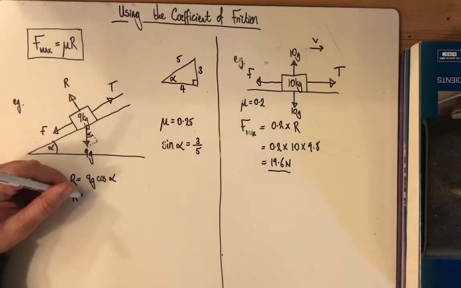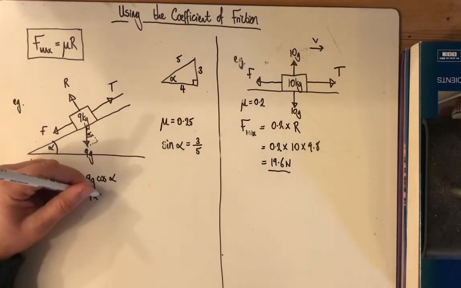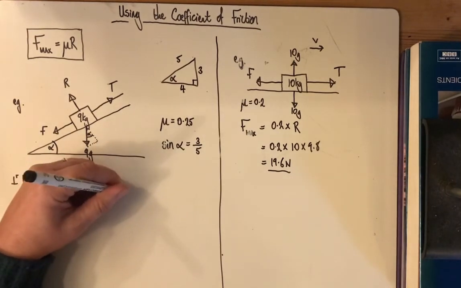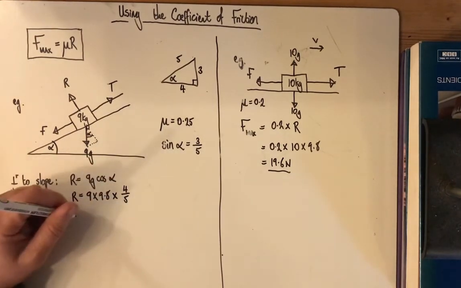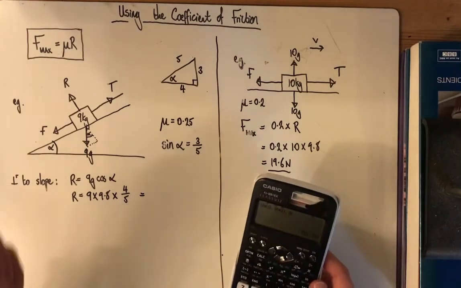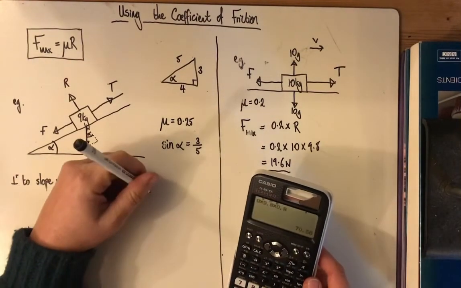So R is equal to 9 times 9.8 times 4/5. We will do a bit more work on friction in maths next year, actually, but it's easier to introduce it now. So that's 70.56.